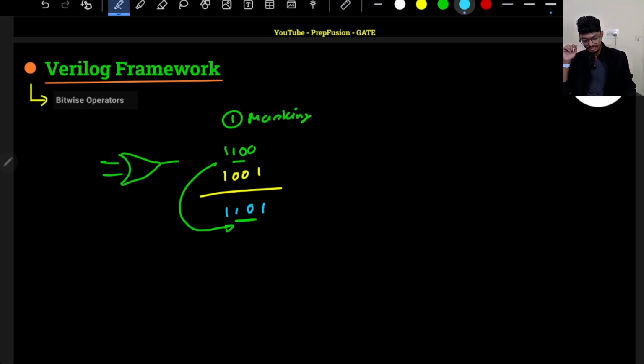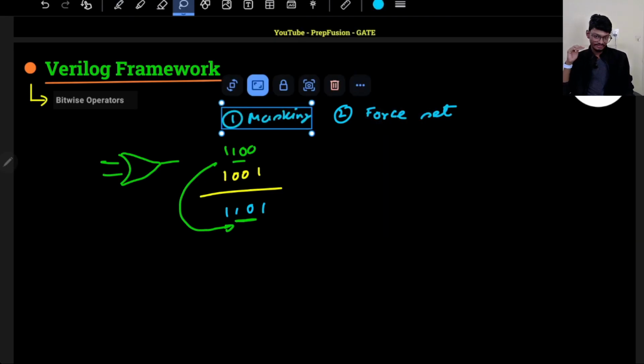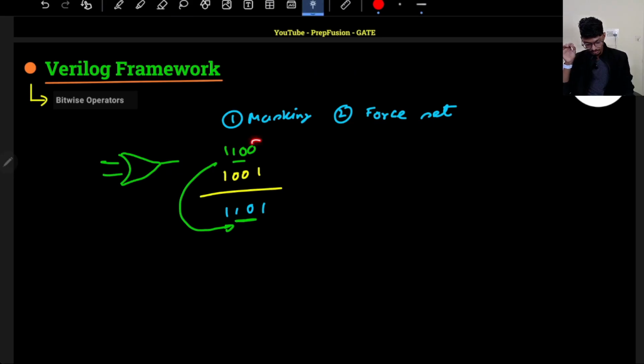Then the second use case is force set. We can set the values over here, not reset, force set. So how can I force set? Let's say I want to set the LSB. I have this number 1100.